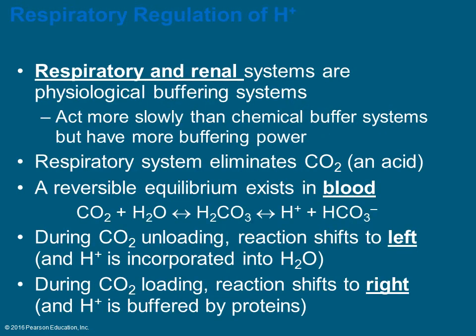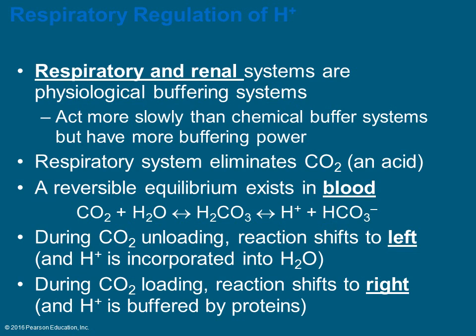Now, how are the respiratory and the renal systems involved with helping to act as buffering systems from a physiological standpoint? They're going to act a little bit slower than the chemical buffering systems, but they will have a stronger effect. The respiratory system obviously eliminates carbon dioxide.